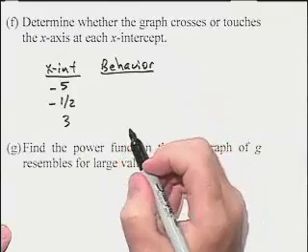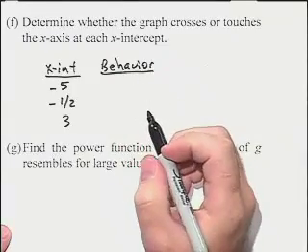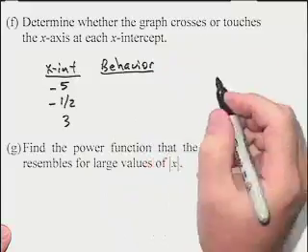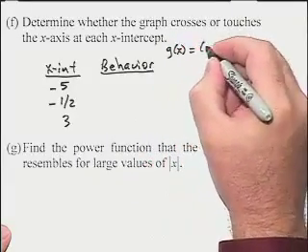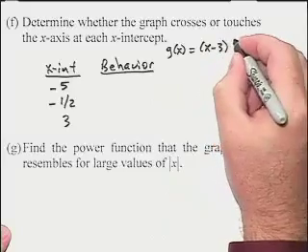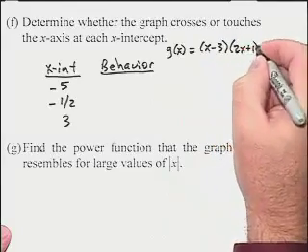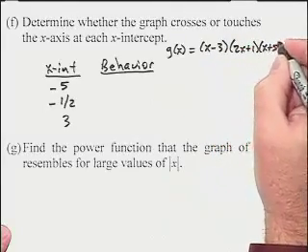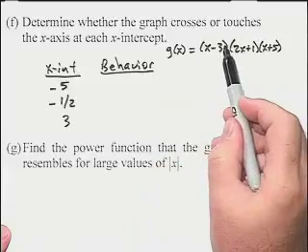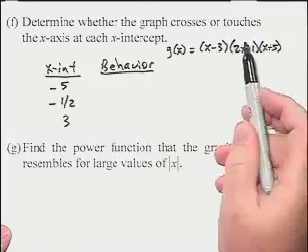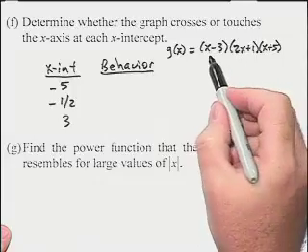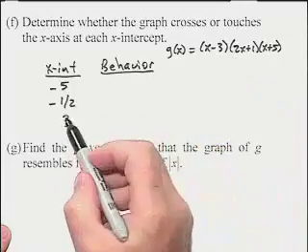Now, whether the graph crosses or touches at an x-intercept is determined by the multiplicity. We factored g of x as x minus 3 times 2x plus 1 times x plus 5. If we look at the exponent in each of these factors, we see that the exponents are all 1, which is an odd number. Each of these factors gives us one of our x-intercepts.